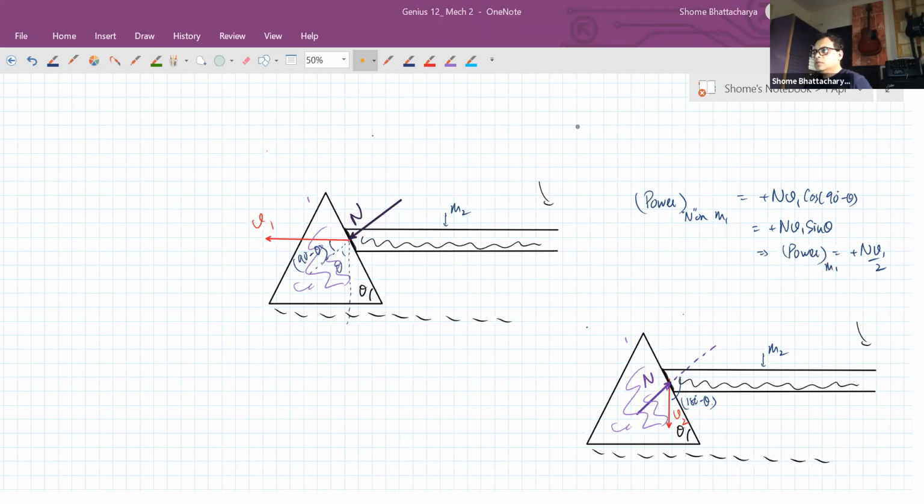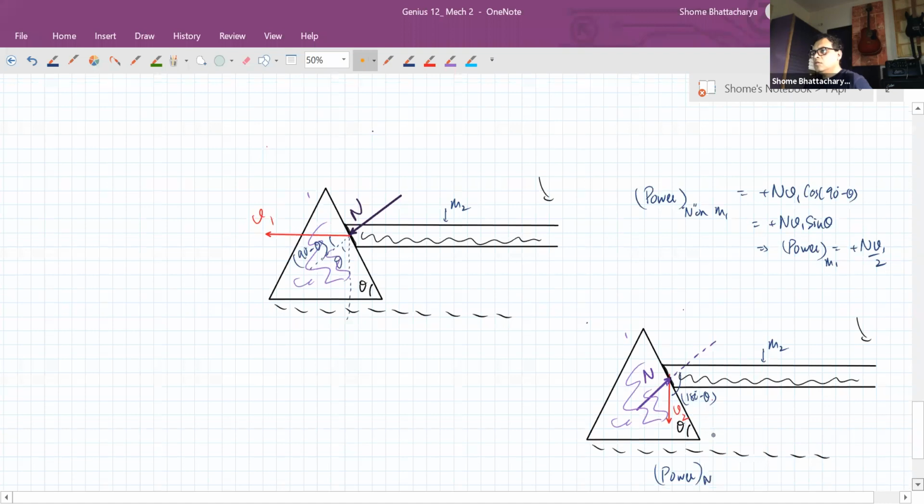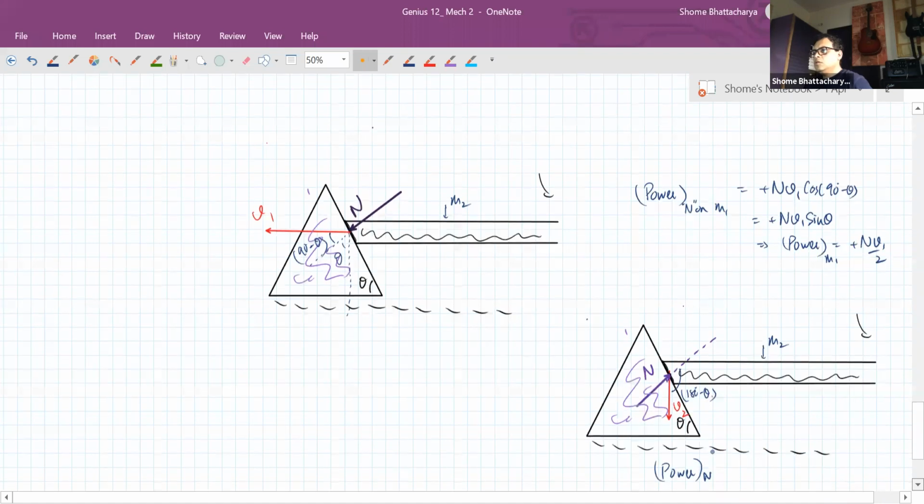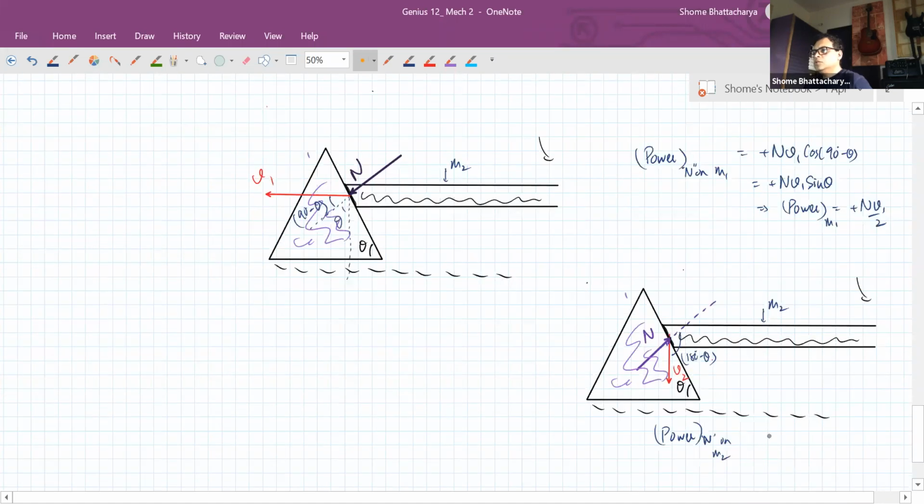Okay, so the power delivered by this normal reaction on M2 will be N V2 cos 180 minus theta. So it will be minus N V2 cos theta.